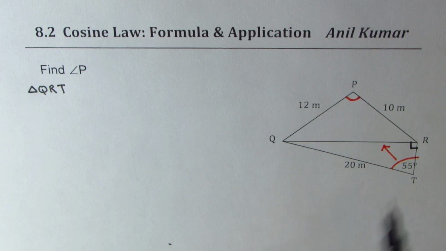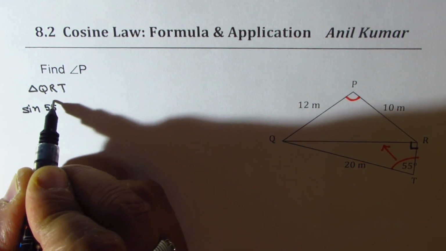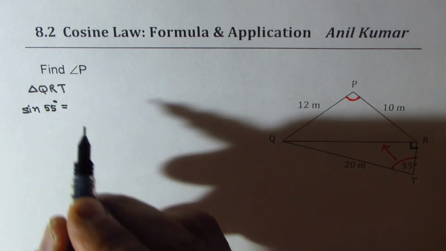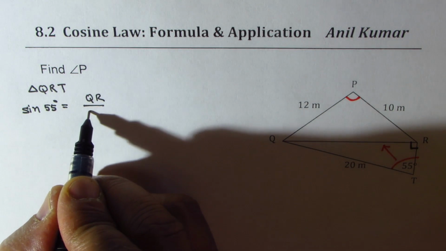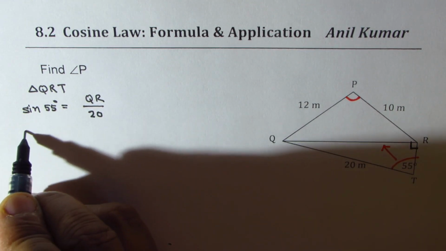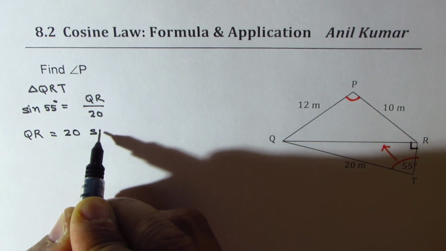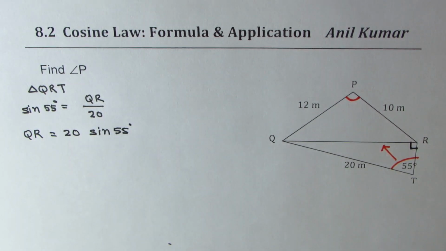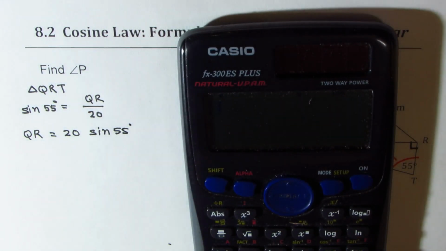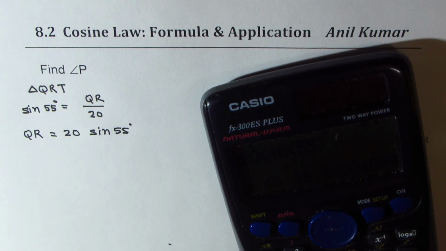So we can write that sine of 55 degrees is equal to side opposite, which is QR, over the hypotenuse, which is 20. So QR is equal to 20 times sine of 55 degrees. So 20 times sine of 55 degrees is 16.3830.